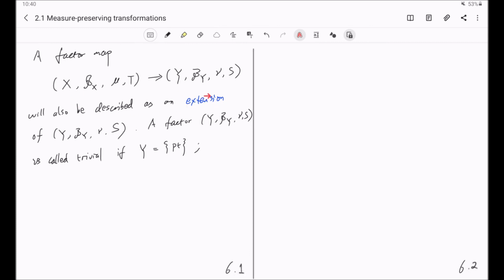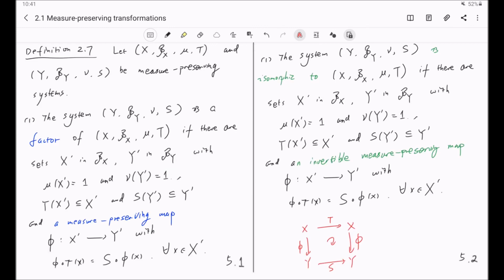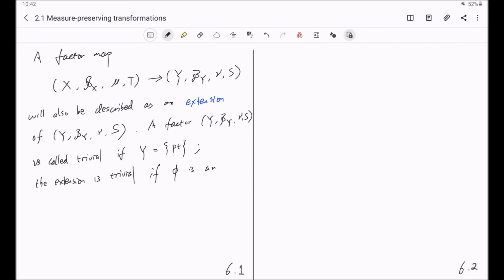And this extension is trivial if this measure-preserving map is an isomorphism. So what we did here is that we introduced a notion called extension, and we introduced two trivialities. And now we start talking about a very, very important example.